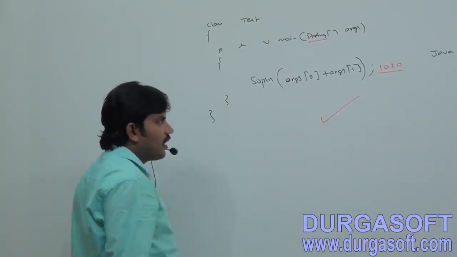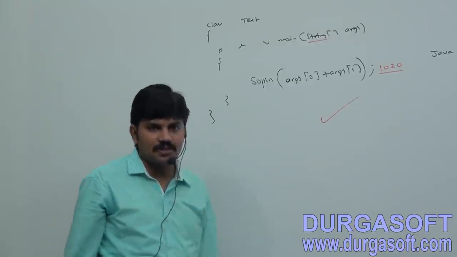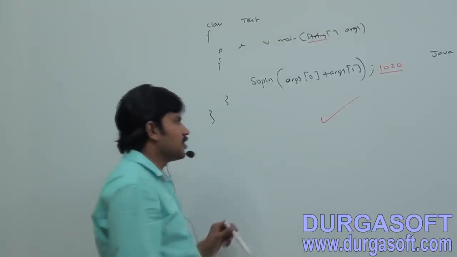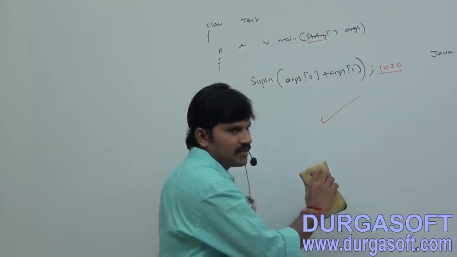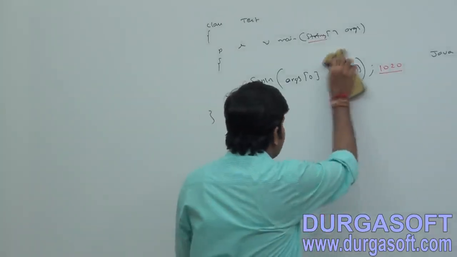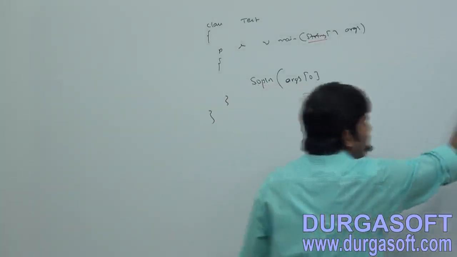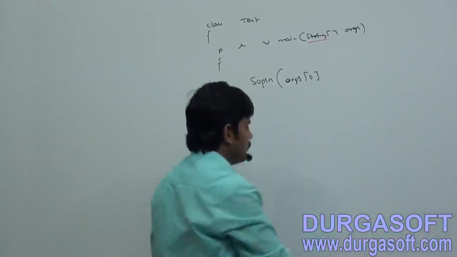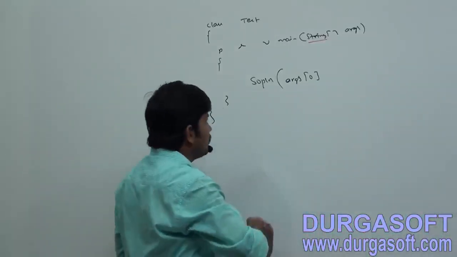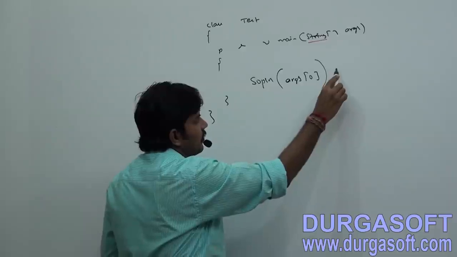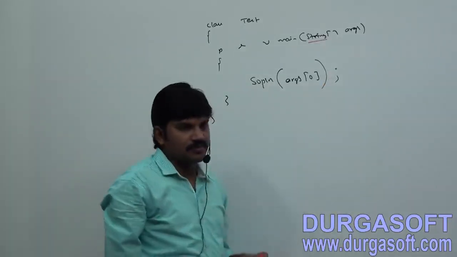Now the last case, case 4, same example with a small change. Completed, right? Sir, I am taking simple, I'm not doing much difference. Here see, I am trying to print args of 0, that's all.